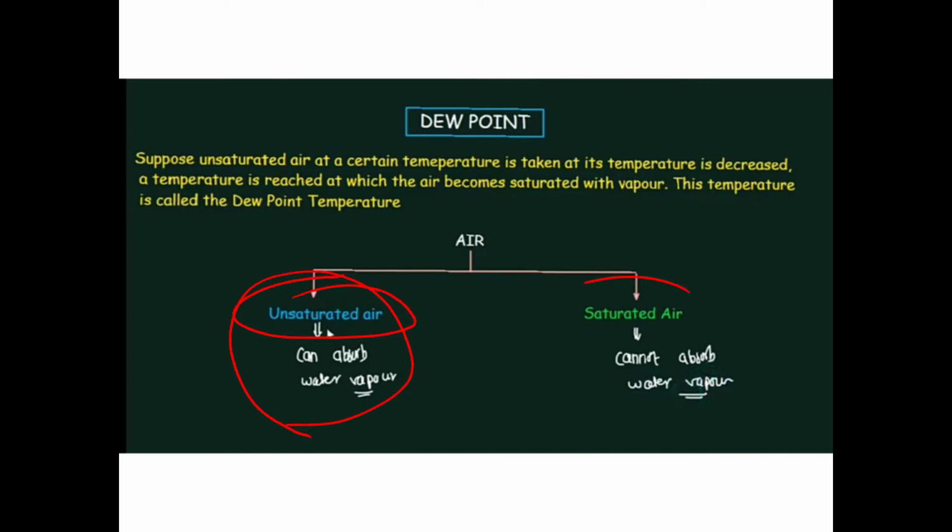Then we call that air saturated air. So still if water vapor comes, it will get converted into water droplets. Is it clear? So when the air contains the maximum possible water vapor, it is said to be saturated at that time.